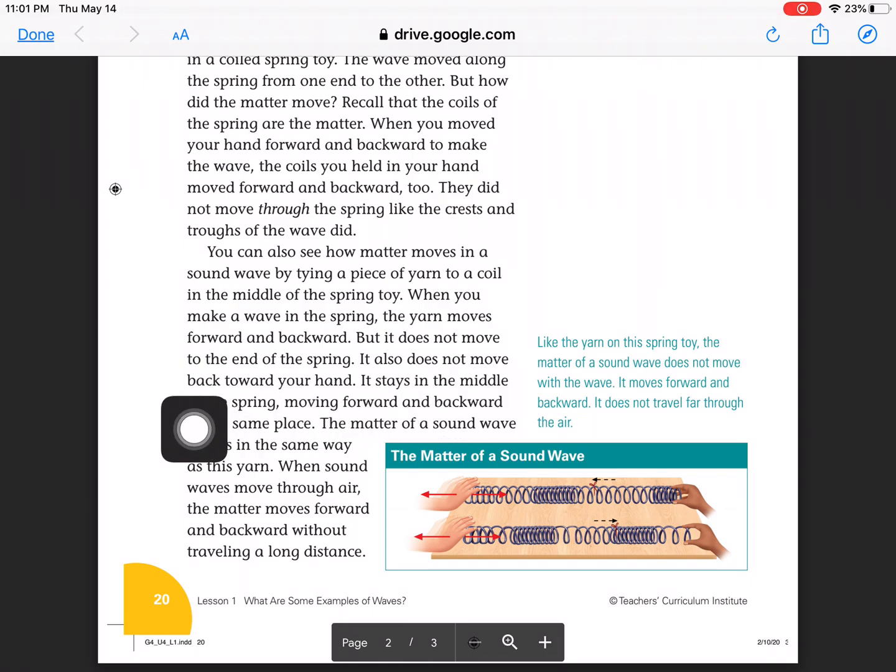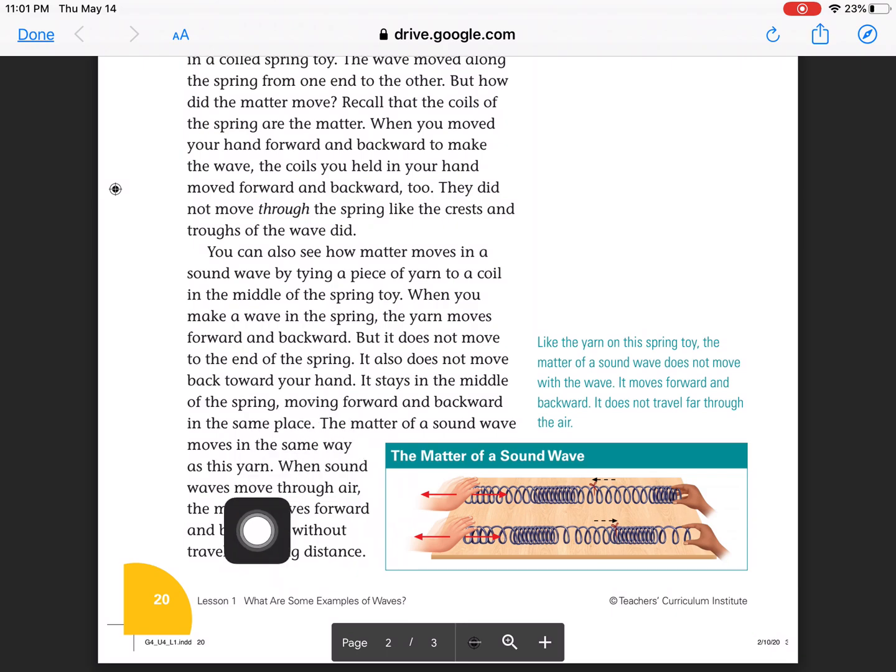It also does not move back towards your hand. It stays in the middle of the spring, moving forward and backward in the same place. The matter of a sound wave moves in the same way as this yarn. When the sound wave moves through air, the matter moves forward and backward without traveling a long distance.